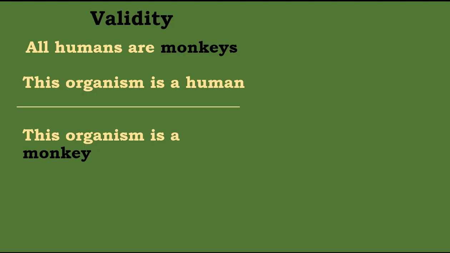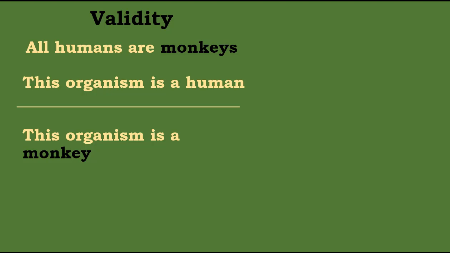Now, let's see this argument. This argument has the same structure as the previous one, but I changed it to monkeys instead of mammals. So all humans are monkeys. We have to assume this is true, even though it's not. For evaluating the validity of the argument, we have to assume this is true.